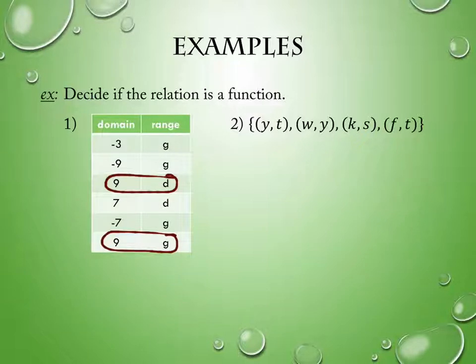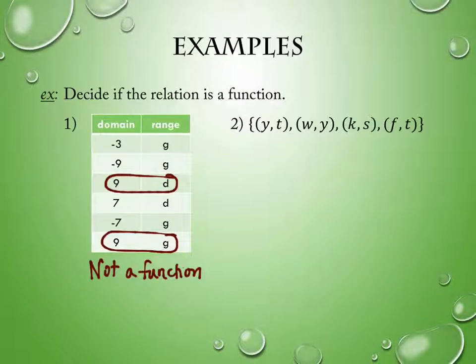But they don't happen to be that way. So this one's not a function. It isn't because the range values happen to repeat, that would actually be fine. It's because there are two matching domain values whose range values don't match.